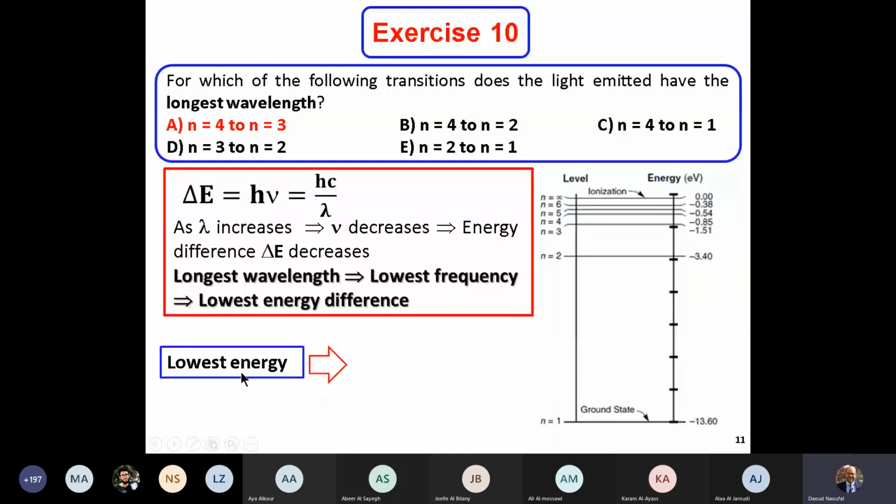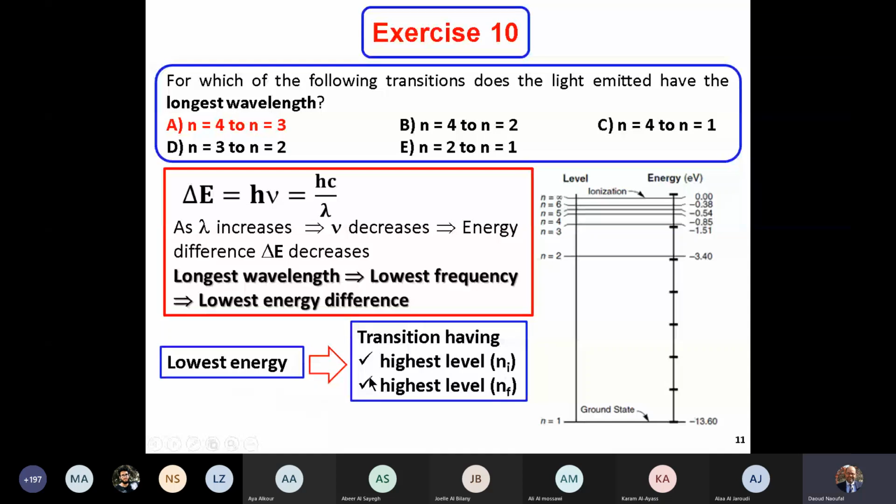The lowest energy in general is obtained for the highest n initial and the highest n final. Can we obtain the answer directly from 3 to 4, 2 to 4, 1 to 4? We can eliminate, in the series A, B, and C, B and C. Why?